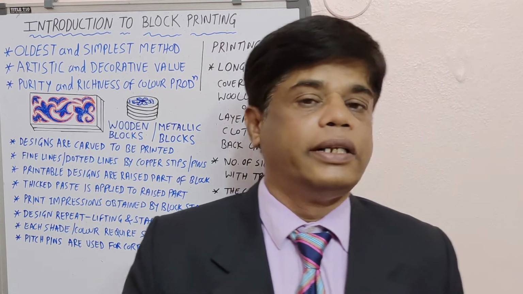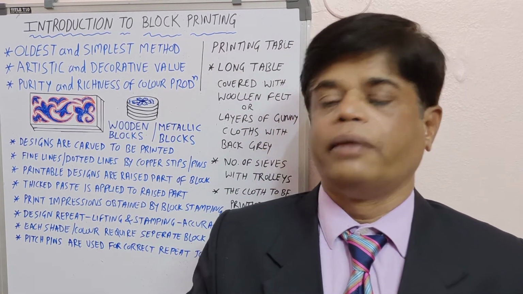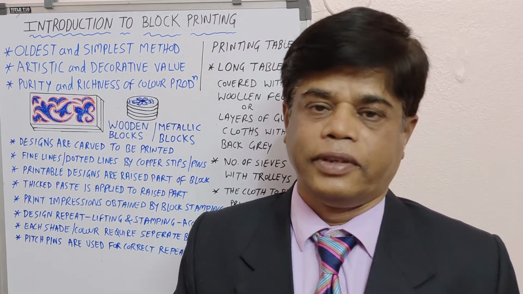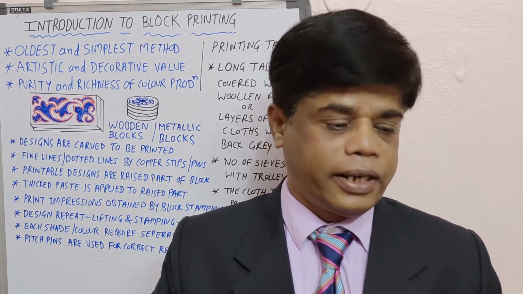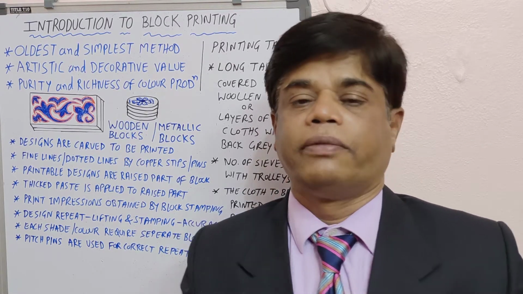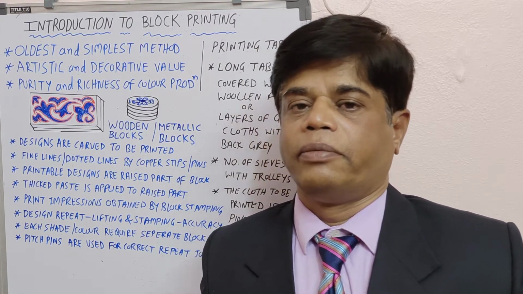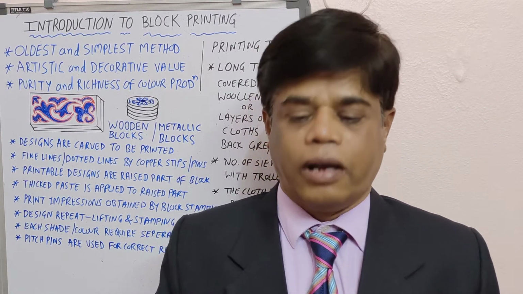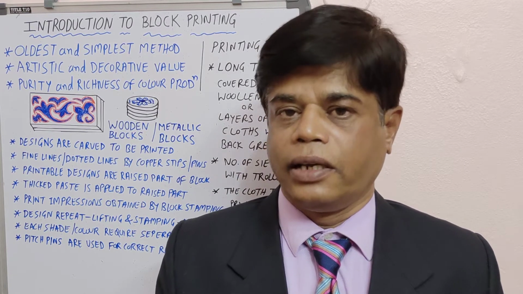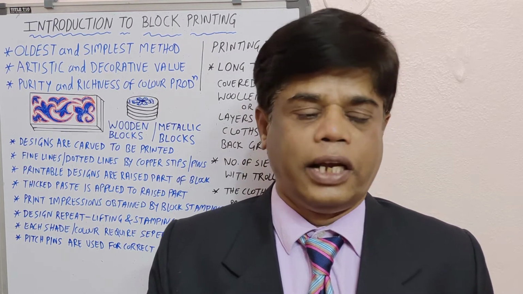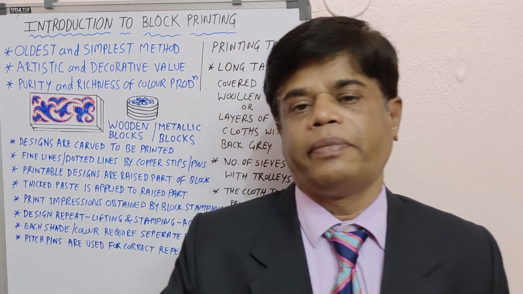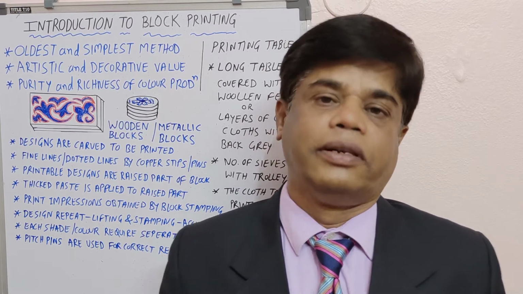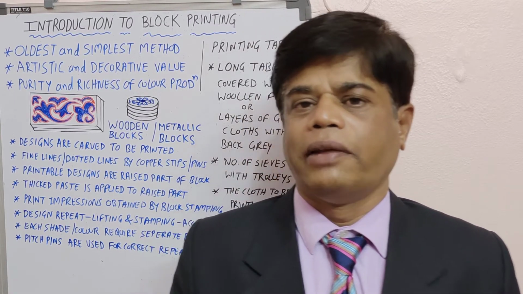But here we can work manually, and we can keep a table of whatever length is available. Say the width of the table is 150 centimeters, or whatever the length is, manually. If the printer, the person who is going to print, wants to stand and print, a table is required. If he sits and prints, then a flat table is required. But this is manual.